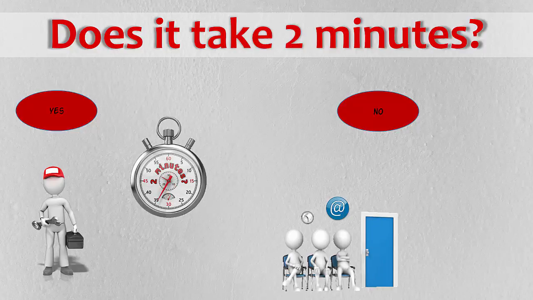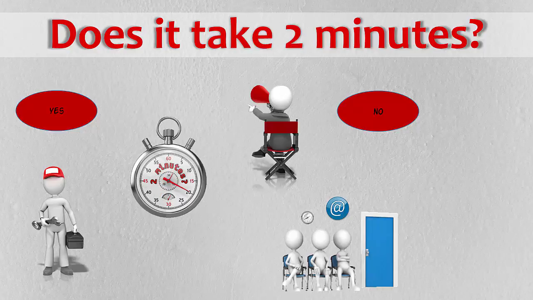Second possibility. No, you can't fix it in 2 minutes. Then the second question would be, okay, maybe I can delegate it. So it's of course nice if you have a good secretary, but if you're a solopreneur like I am, it might be that there is no secretary around. But still, today, you can have many services done by virtual assistants or just outsourcing things, for example, at Fiverr.com.